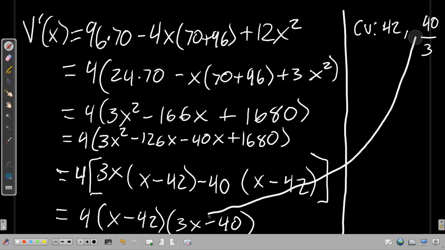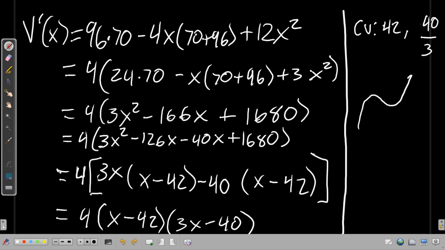Because if I put 40 over 3 right here, the 3's would cancel, and then it would say 40 minus 40. Now I already told you that the shape of that cubic function was like this. All right, so that's telling us where those local minimums and local maximums occur. It must look like this because 40 over 3 is less than 42.